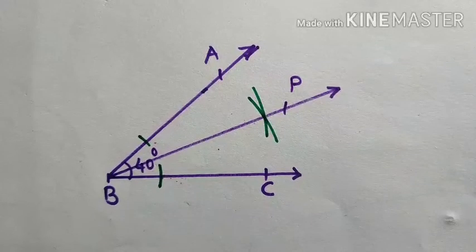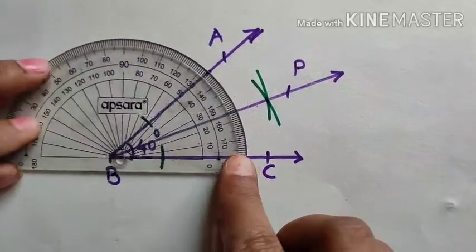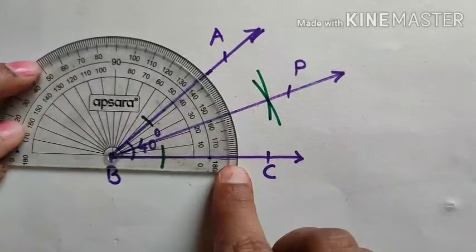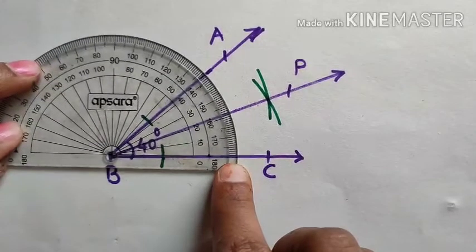Ray BP is the angle bisector. Let's check whether the two parts of angle ABC are equal or not.